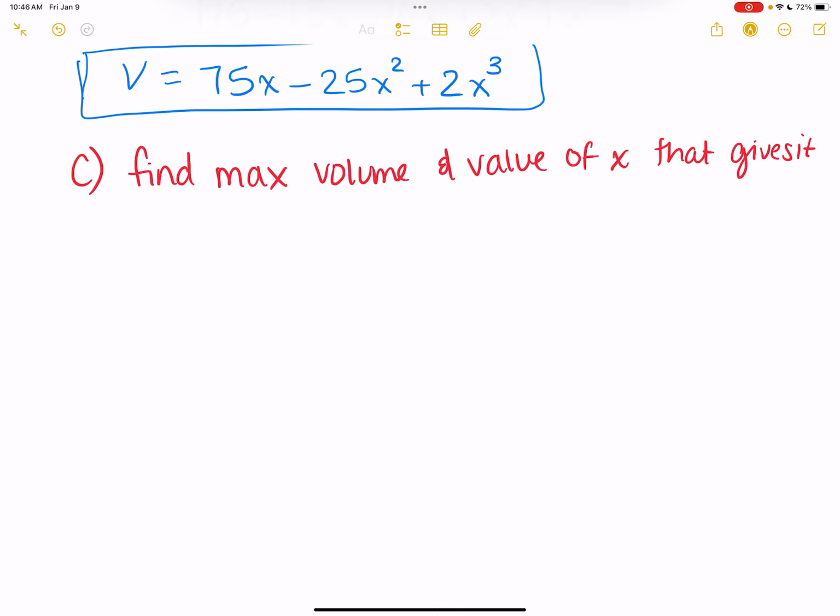So if you hit second trace, you'll see maximum. And then I would just take my cursor and arrow over a little bit, and then arrow to the right until basically, yeah, it's going up.